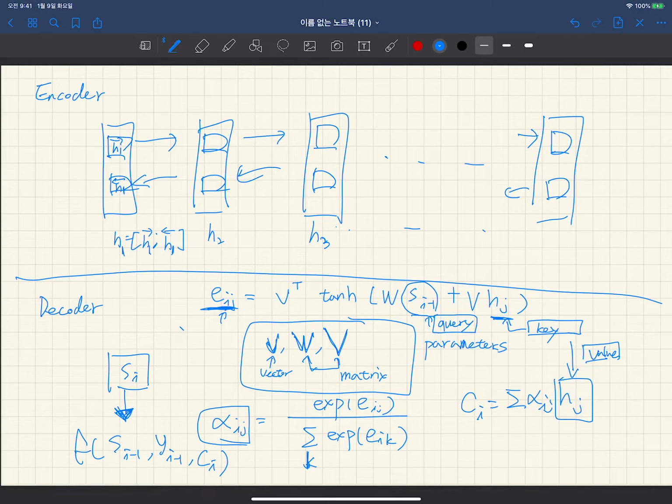It turns out that this simple attention mechanism outperforms all the previously existing algorithms, and it became very famous. Many machine translators adapted this idea and improved performance much better than before.